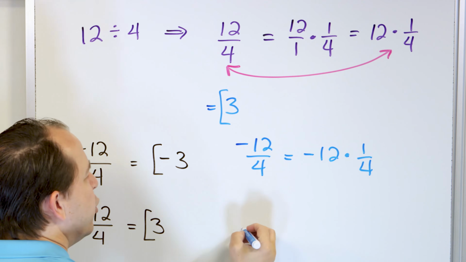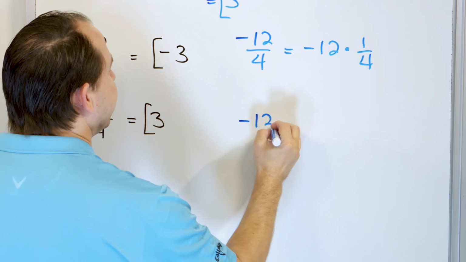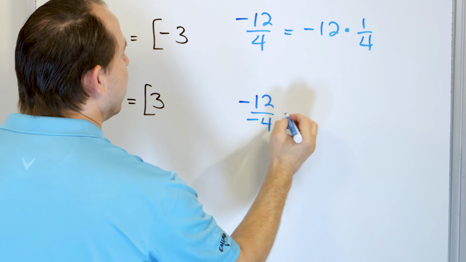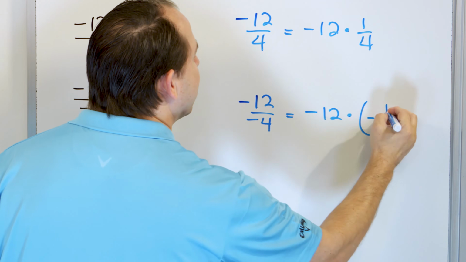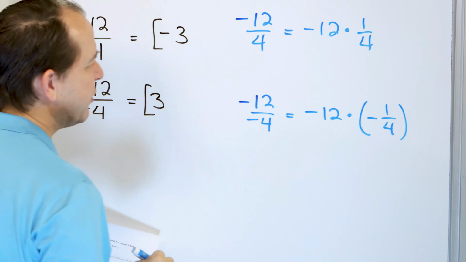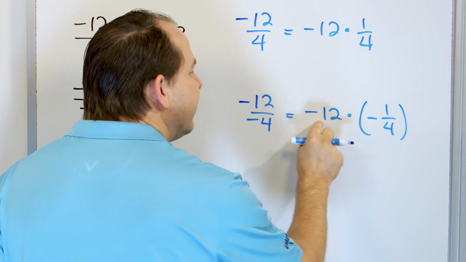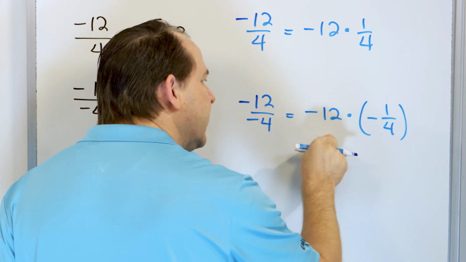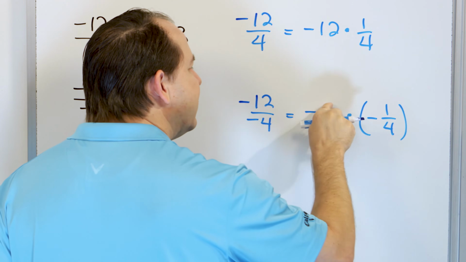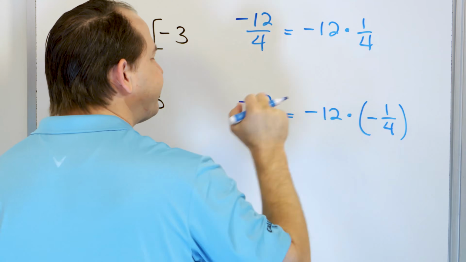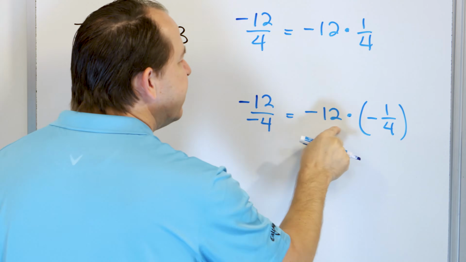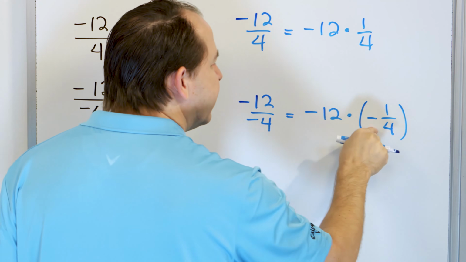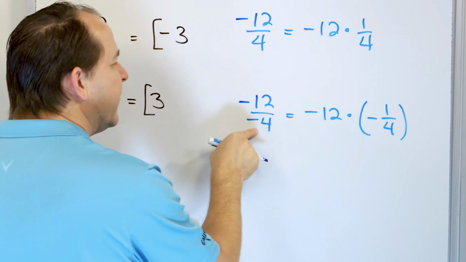Let's take a look at this one. We could write this, negative 12 divided by negative 4, as negative 12 multiplied by negative 1/4. Make sure you agree with this, because this negative 12 is really over an invisible 1. So if we multiply these fractions, negative 12 times the positive 1 here will give us negative 12, and then the invisible 1 times the negative 4 can give us this.